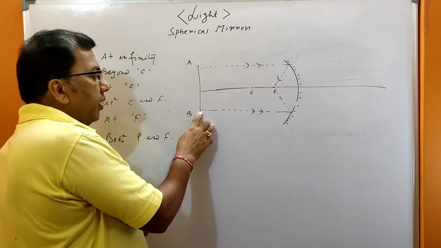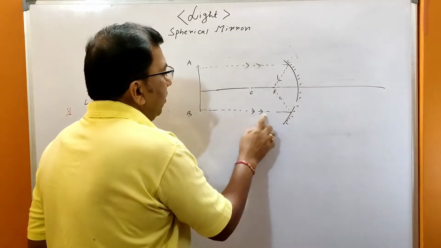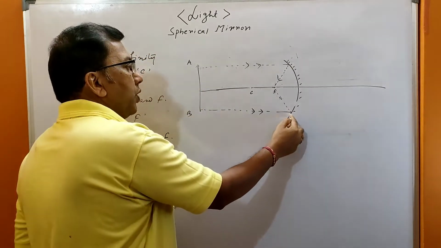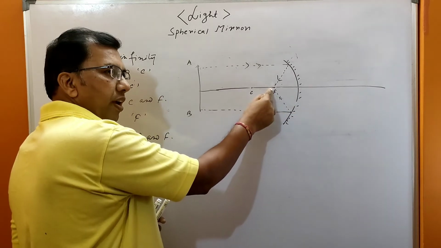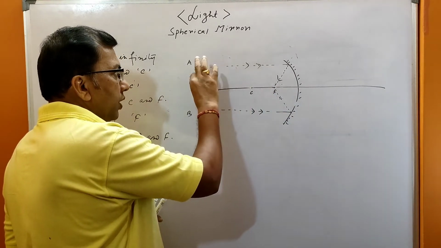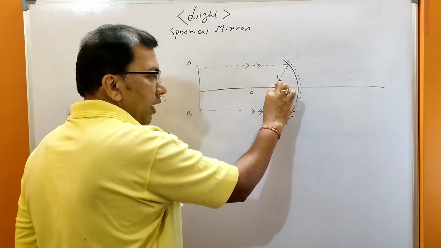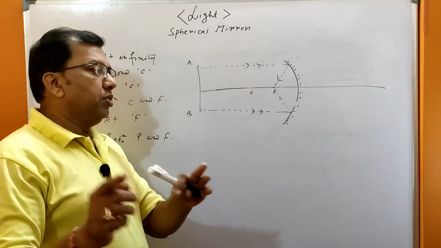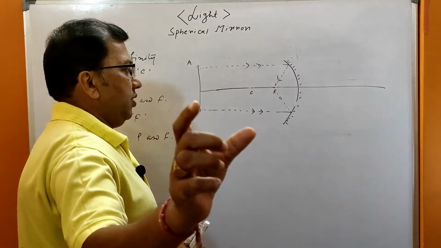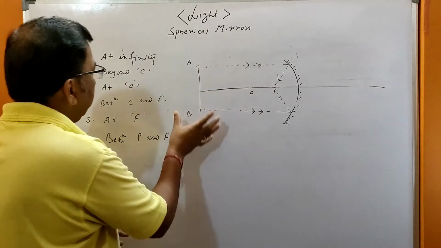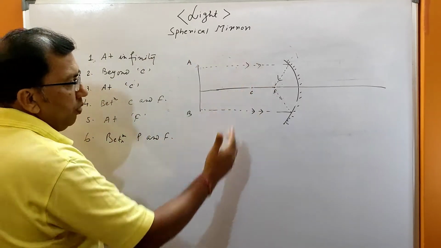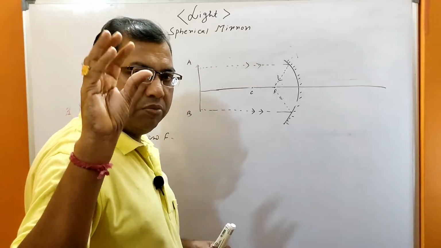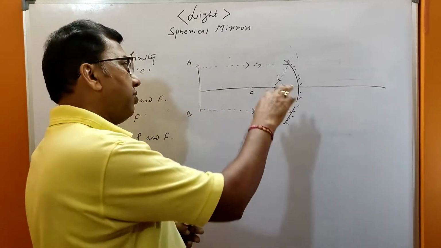The other ray, also parallel to the principal axis, will also pass through the focus, and they meet at F. So the image will form out here. It is highly diminished, real, and point sized. Clear? So when the object is at infinity, the image is highly diminished, and it is real.